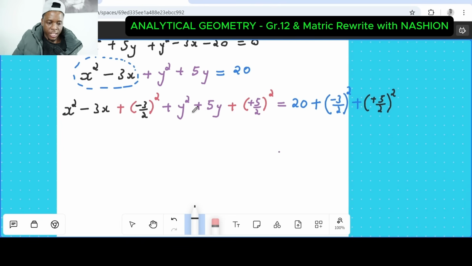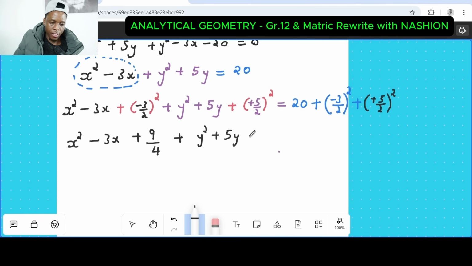Now let's write everything without the brackets. That's x squared minus 3x plus negative 3 over 2 squared will be 9 over 4 plus y squared plus 5y plus positive 5 over 2 squared, that's 25 over 4.